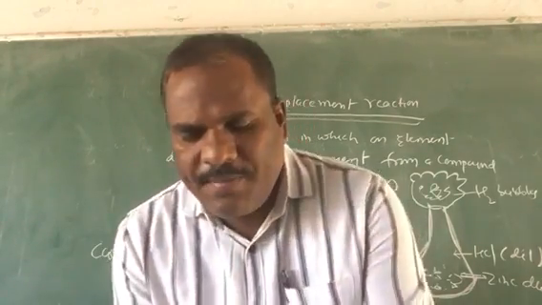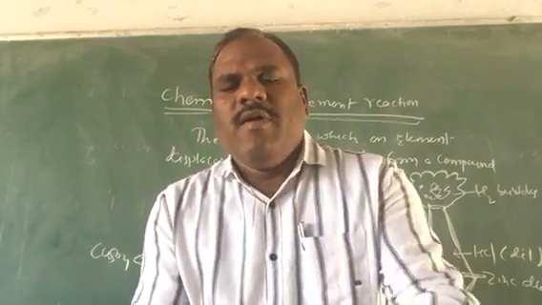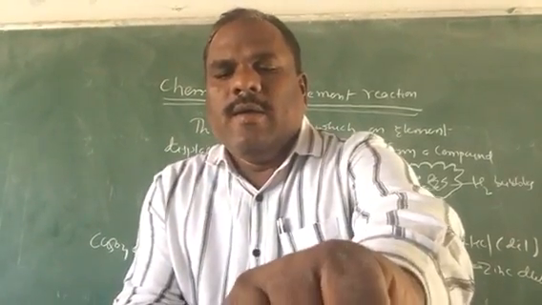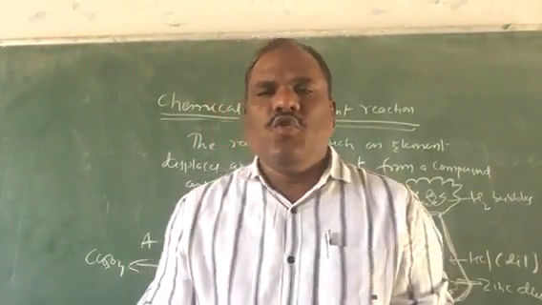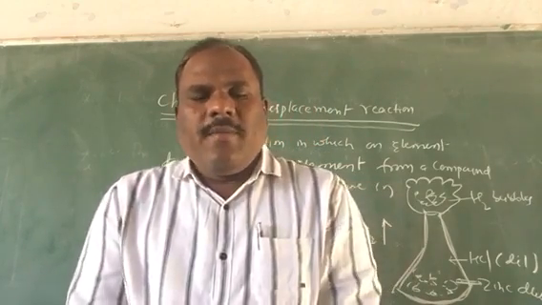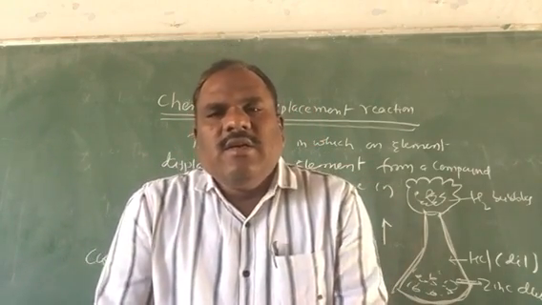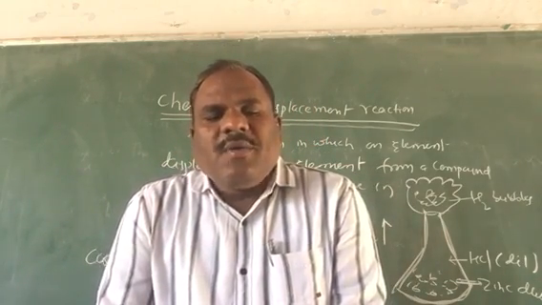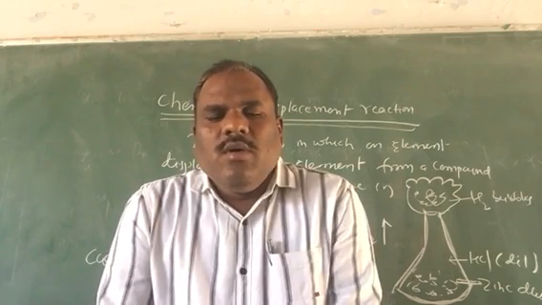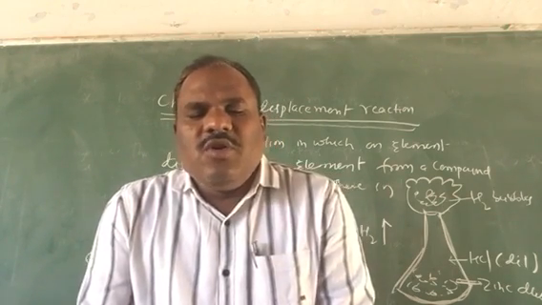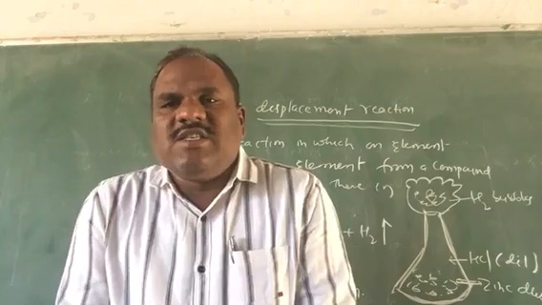Generally, my dear children, you know very well, the iron nail dipped in copper sulfate solution in test tube A becomes brown, and the blue color of the copper sulfate solution fades.